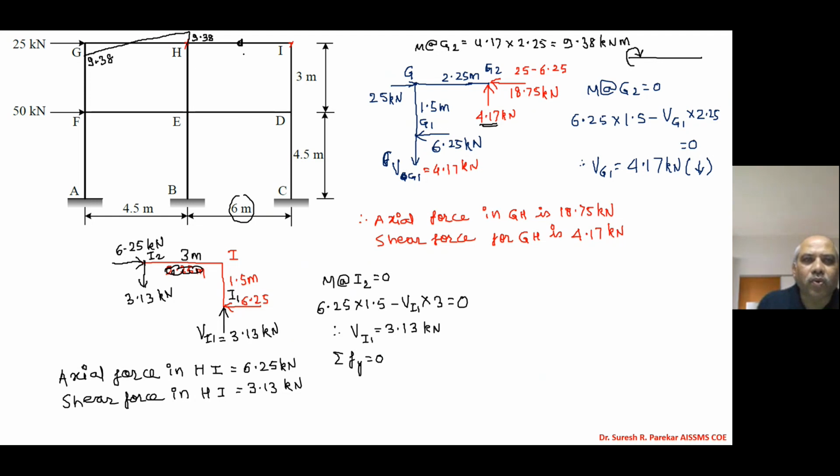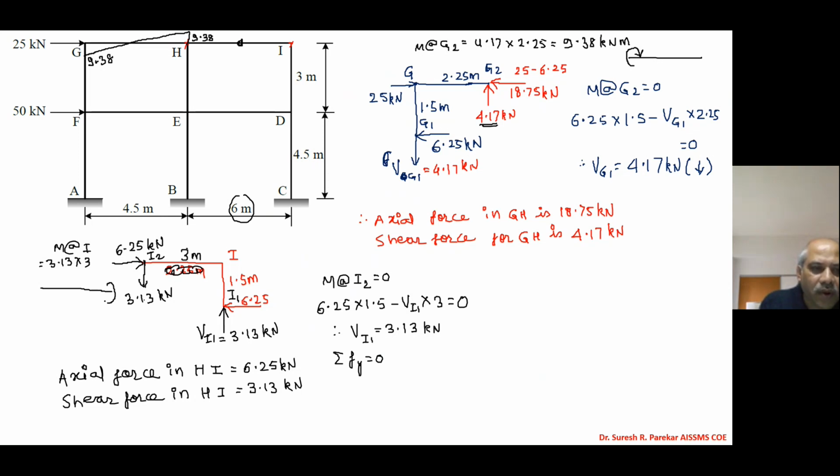Now if I have to plot for HI, we have 3.13. So I will consider this about H. So we will have moment about I, sorry, and then we have 3.13 into 3. So this is 3.13, this is 3, and this will be anti-clockwise.